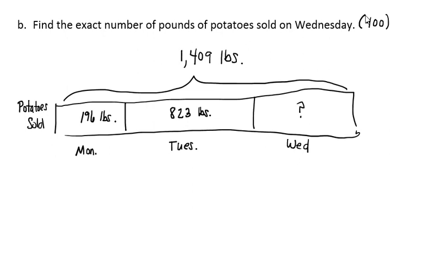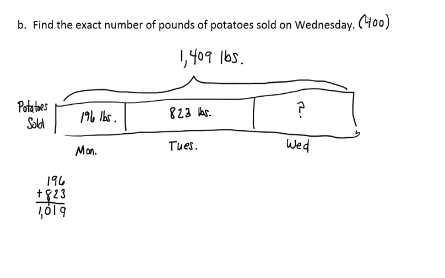So I'm going to combine Monday and Tuesday, and I will subtract that amount from the total of 1,409 pounds. So if I add those 2 days together, 196 plus 823, 6 and 3 is 9, 9 tens and 2 tens is 11 tens. 100 plus 800 plus another 100 would be 10 groups of 100 or 1,000.